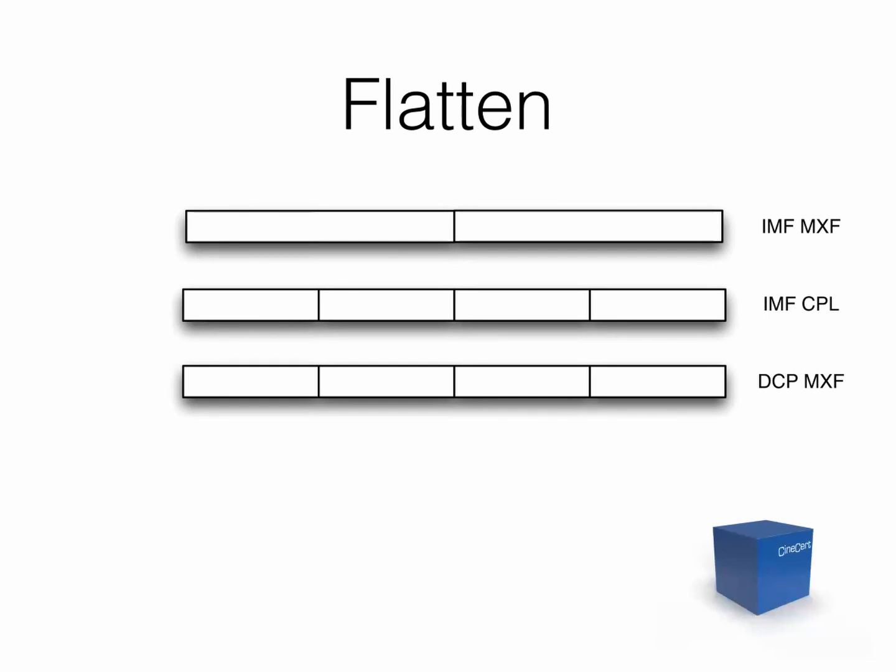And so the difference between Flatten and Preserve really comes down to if you have, for example, an OV that you're doing picture inserts into, you want to preserve that level of granularity and normalization. You don't want to use the flatten strategy, because that'll just take every frame from your input MXF file and route it to some specific DCP MXF file that is dedicated to a particular reel in the DCP.